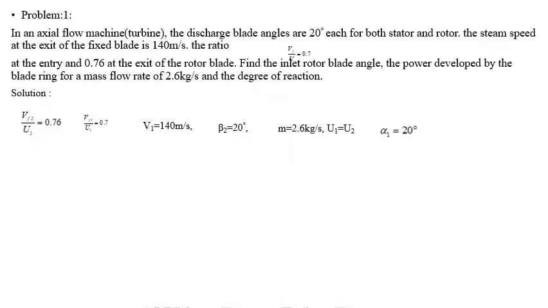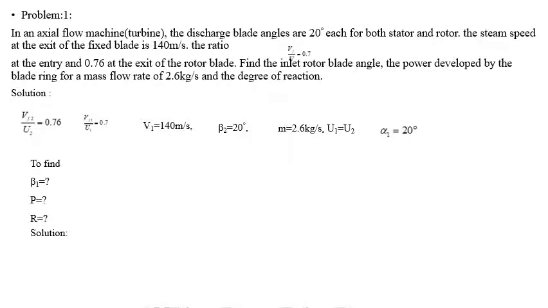And this one is an axial flow machine. So for that reason, the blade speed at inlet is equal to blade speed at outlet. That means U1 is equal to U2. So these are the given data in this numerical.